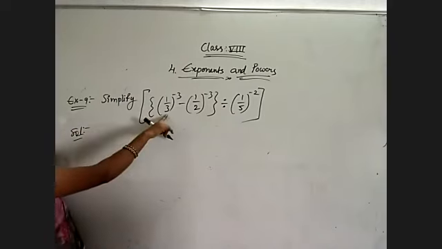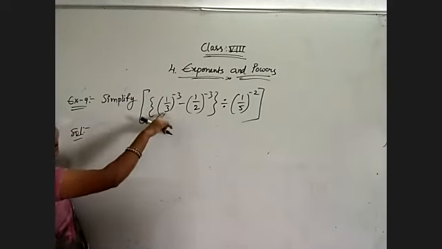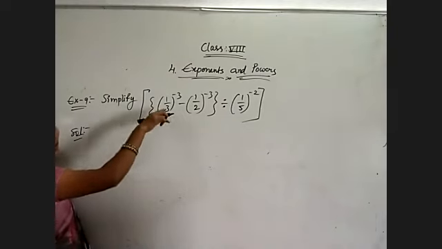As I told you, first we need to simplify this. That is in P by Q form. As I told you, P by Q whole power minus n is nothing but Q by P whole power plus n.